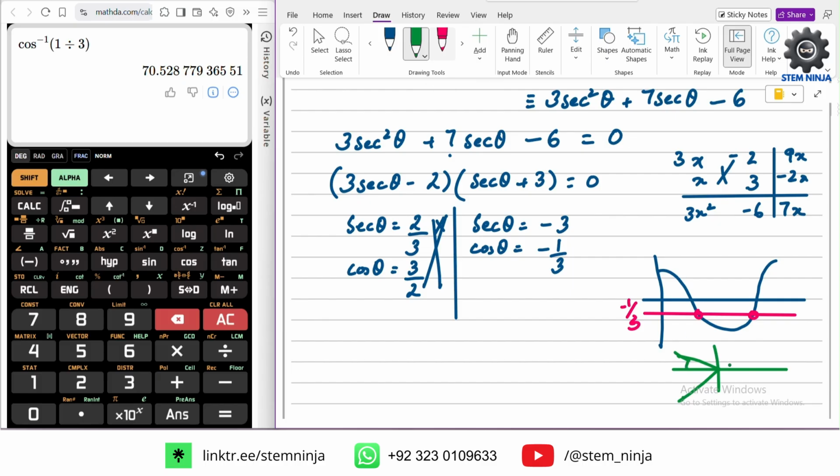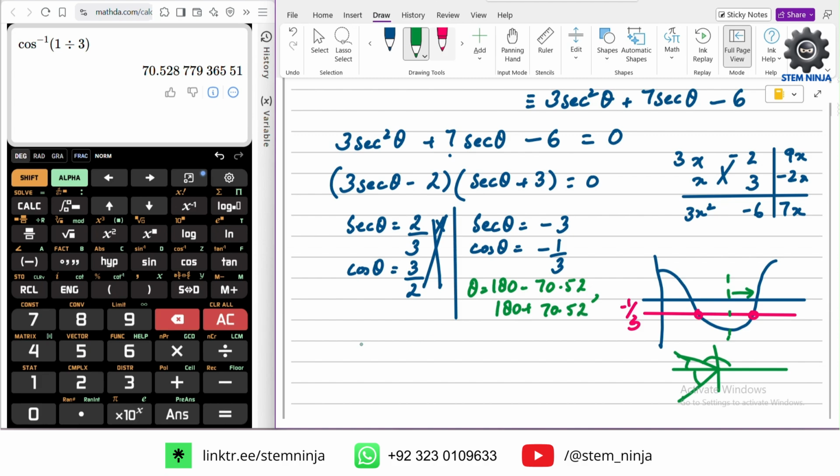So whatever this is, 70. So this is going to be 180 minus 70, because this is 180, 70, and 180 plus 70, which would be right over here. So 180 minus 70.52, and 180 plus 70.52.